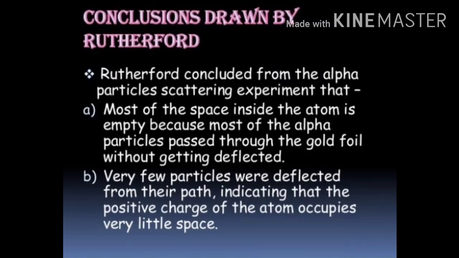These radiations passed only when they found empty space inside the atom, which shows that the atom is hollow inside. Next, a very few particles were deflected from their path, indicating that the positive charge of the atom occupies a very small region.